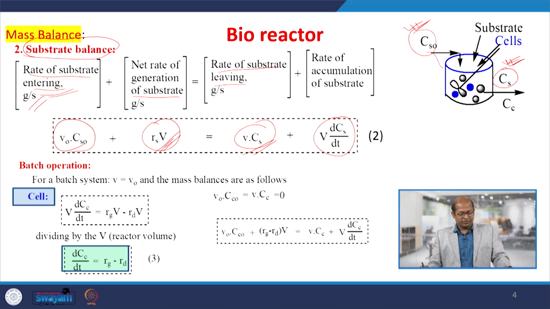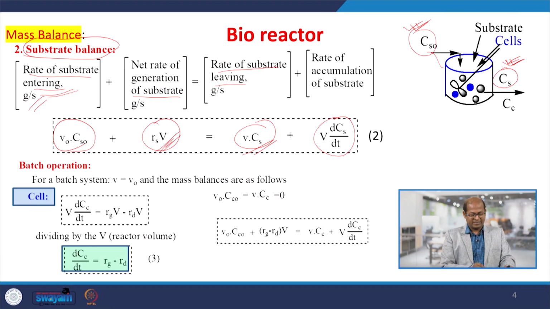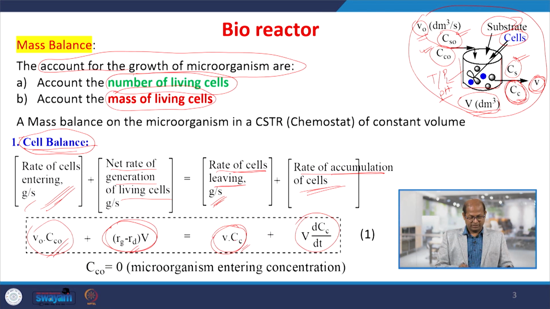Here, in the first equation, if we consider it as a batch process, then there is no volumetric flow rate, as there is no inlet or outlet. So, this part we can eliminate, and only this part and this part remain.